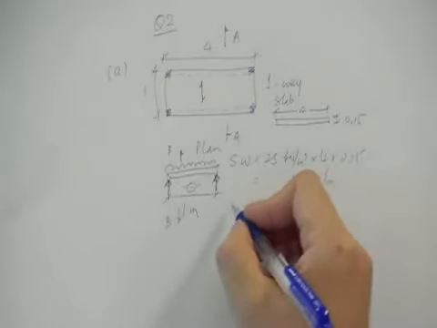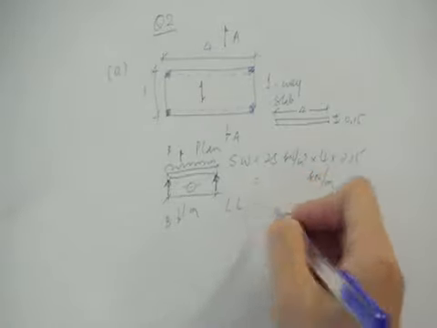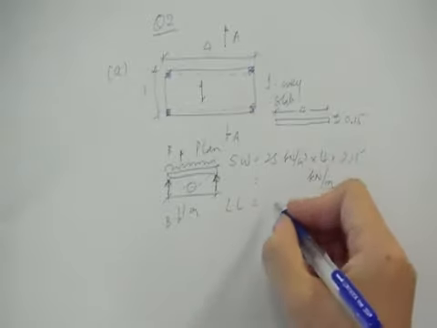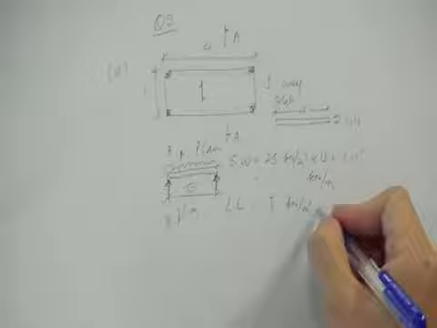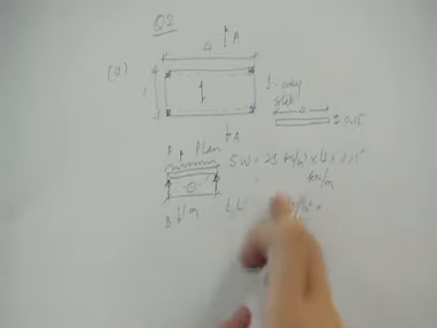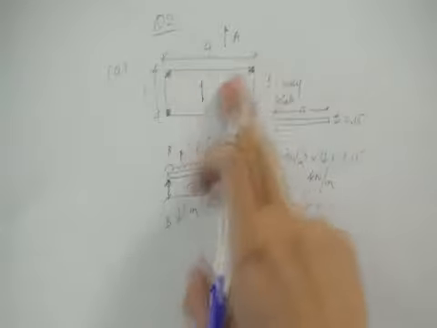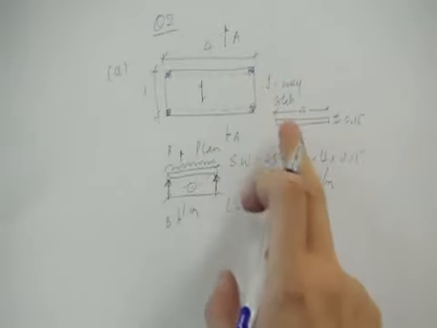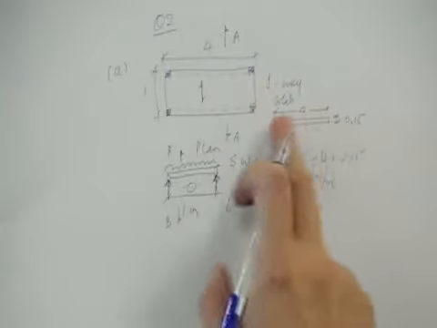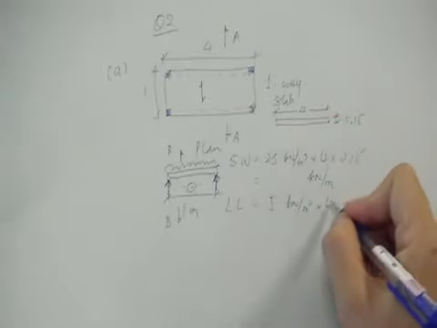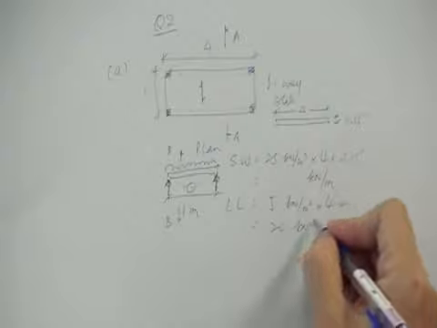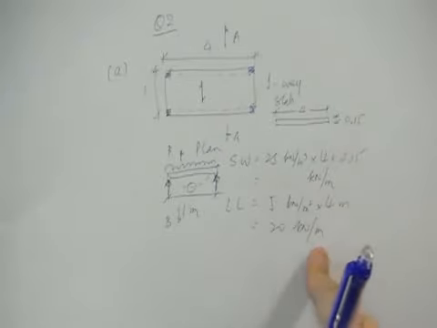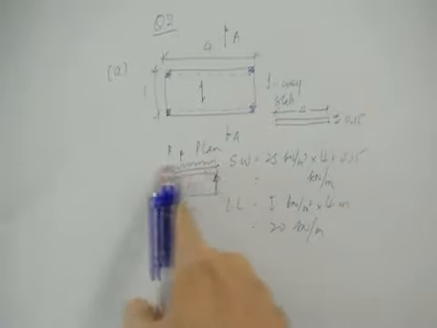By the same token, you can find out the live load, which is given in the question sheet as 5 kilonewton per meter square, and then you multiply. Remember, this 5 kilonewton per meter square is applying at the top of the slab. Okay, so if you multiply by the width of the cross section, that will give you 20 kilonewton per meter length along this beam.